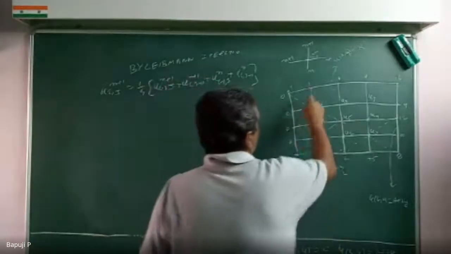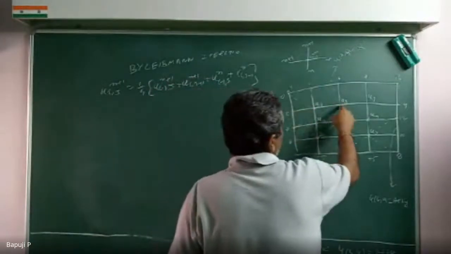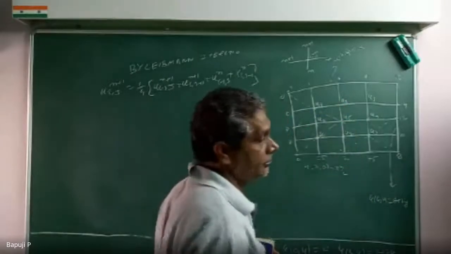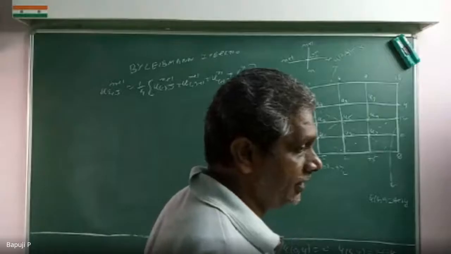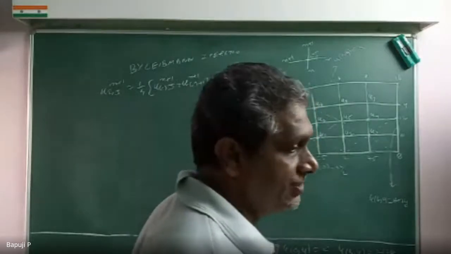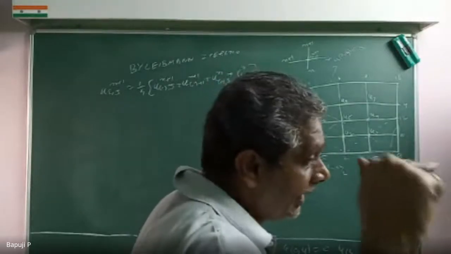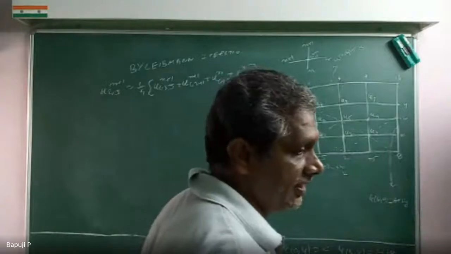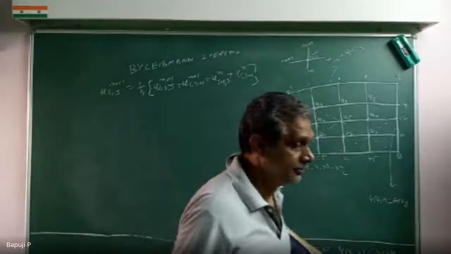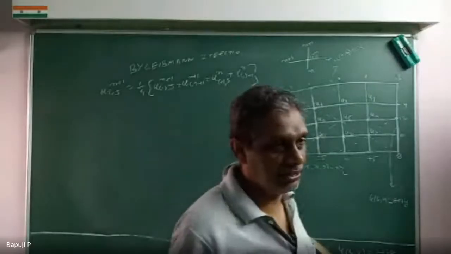Then 1 plus 0 plus u8 of n plus 1? No, n. Yes, sir. Don't worry about i and j here; concentrate on n and n plus 1. Now this is u6 of n. Very good. Clear now or not? Yes, sir.